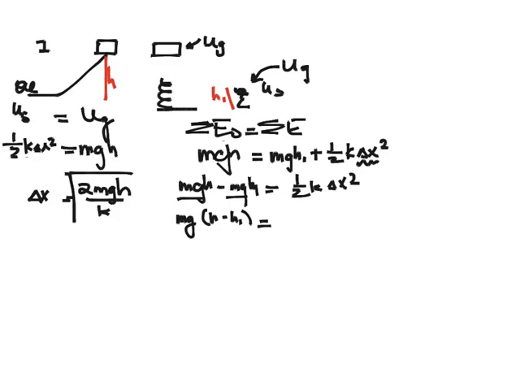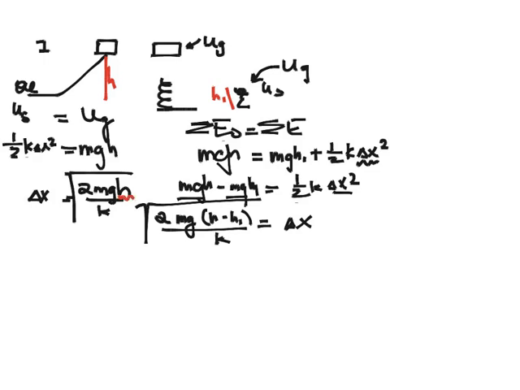Again, I'm going to multiply both sides by 2, so this 2 right here will go away, and I'm going to divide both sides by k. And then finally I am still left with x squared, so I'm going to take the square root. So I have delta x is really almost the same thing.